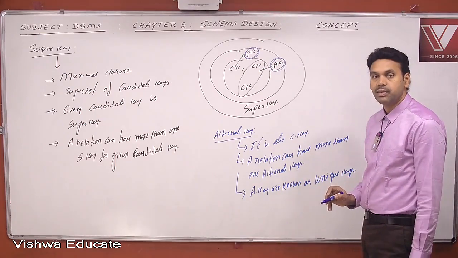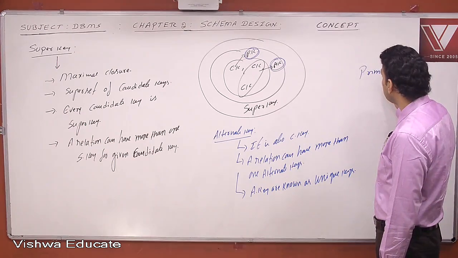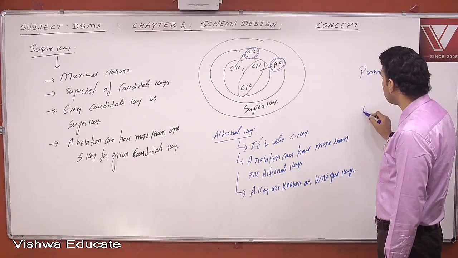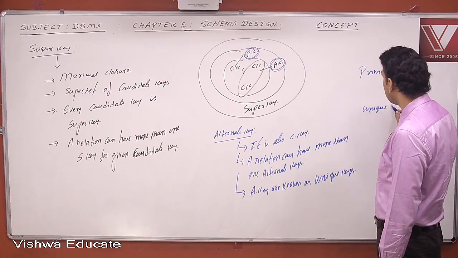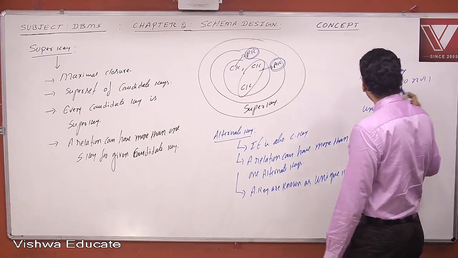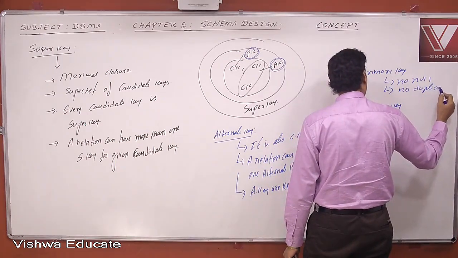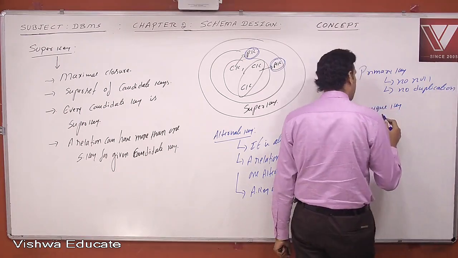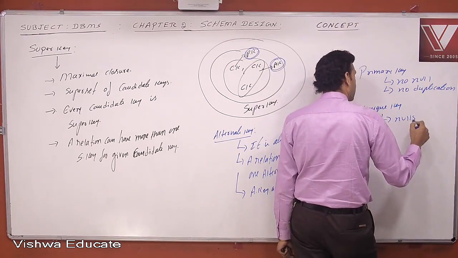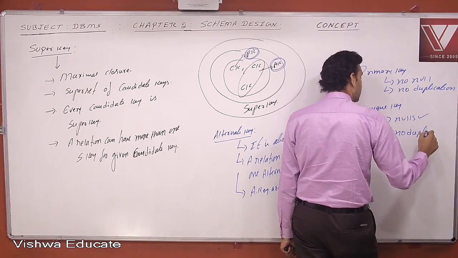Okay friends, now we need to understand the difference between primary key and unique key. In primary key, no null, no duplication. In unique key, nulls are allowed, but duplicates are not allowed.